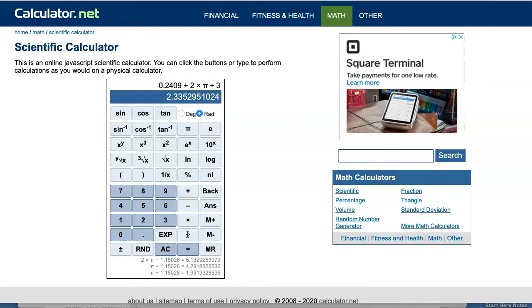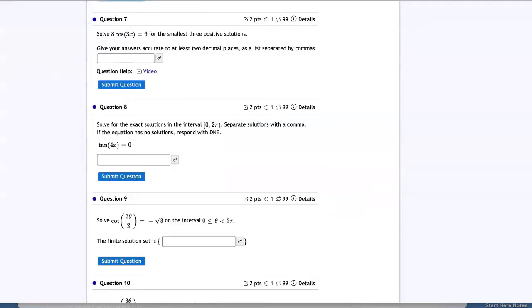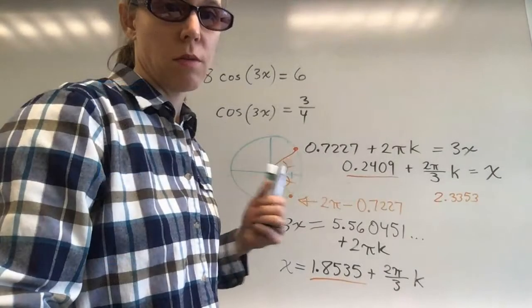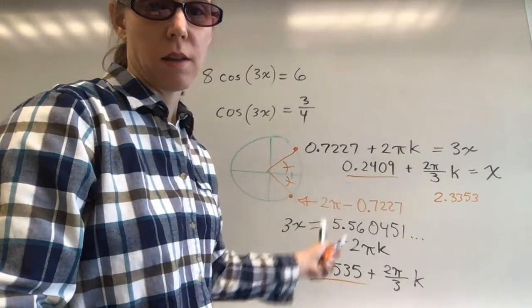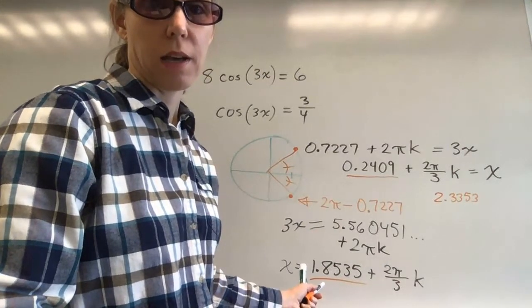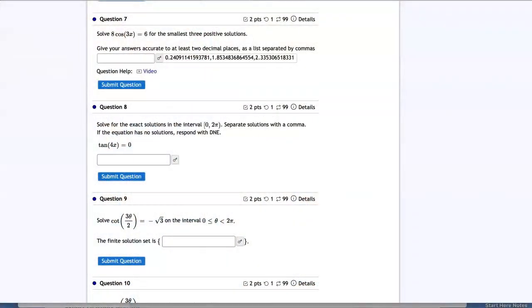And going back to my open math, moment of truth. Here's the 0.2409 that I listed on the board as the first solution, right there. Then the next one was 1.8535, so let's see that listed now, 1.8535. This says at least 2 decimal places, so by going out 4 decimal places, I was definitely on track.